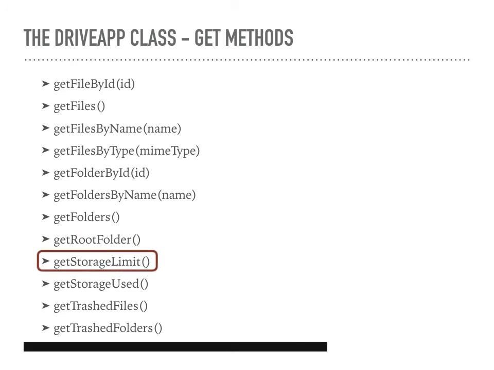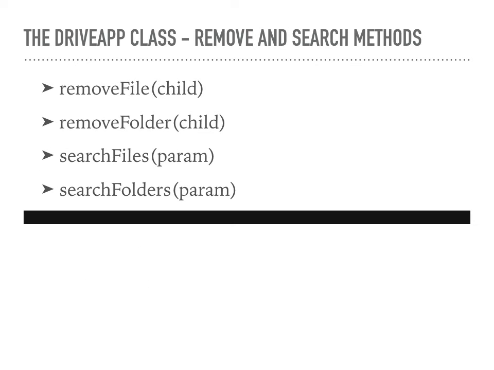And we can get the storage limit using the getStorageLimit method, or get the used storage. Trash file and trash folders methods can also be used to access the trashed files and folders. Finally, there are methods to remove a file or a folder, or to search files or folders.